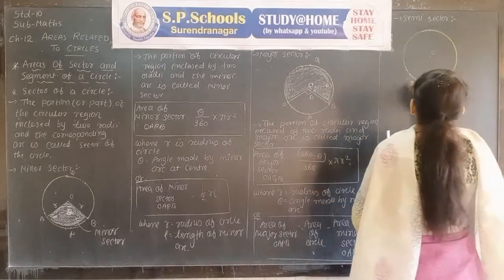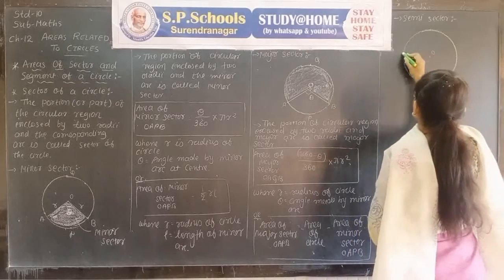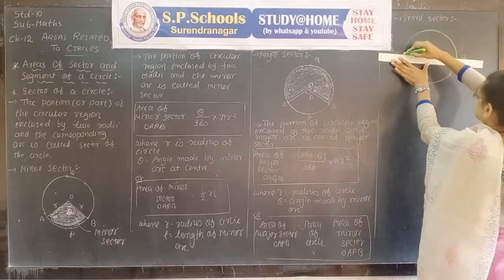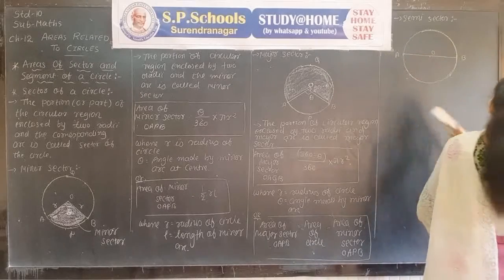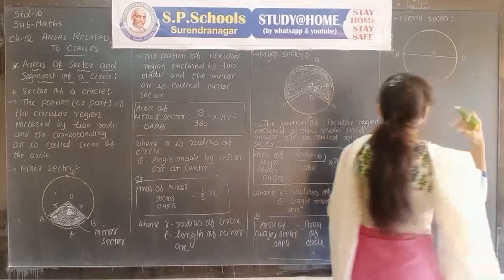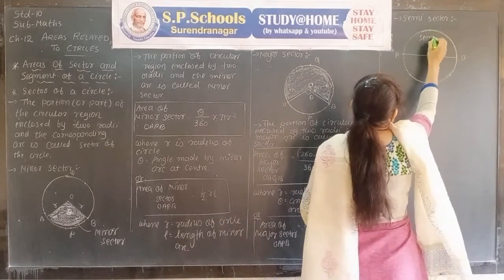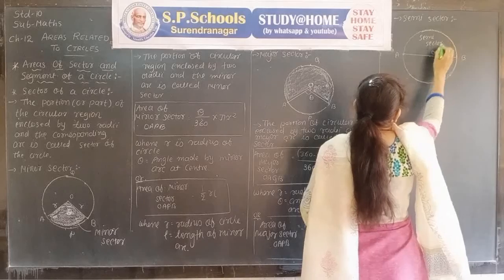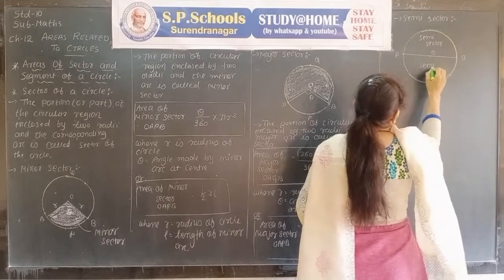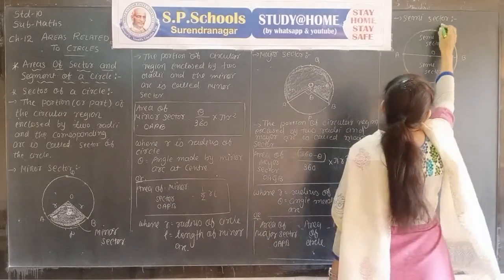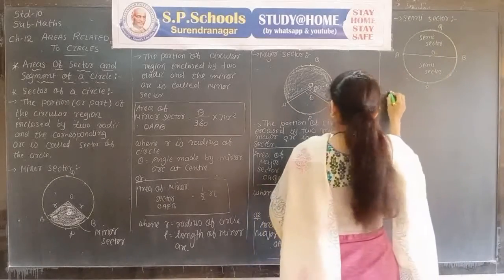But we need to draw here a semicircle, so that take AB as the diameter. Upside and downside both are called semicircles, semi-sectors. APB and AQB are minor arcs.